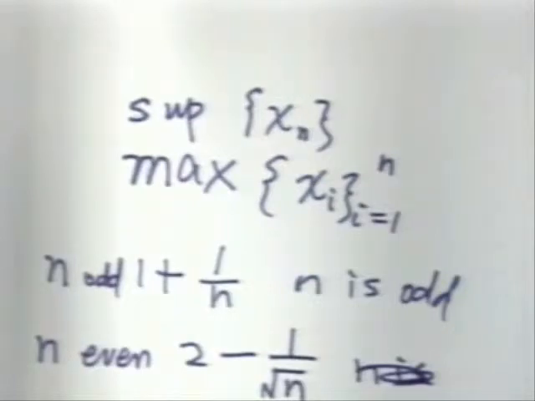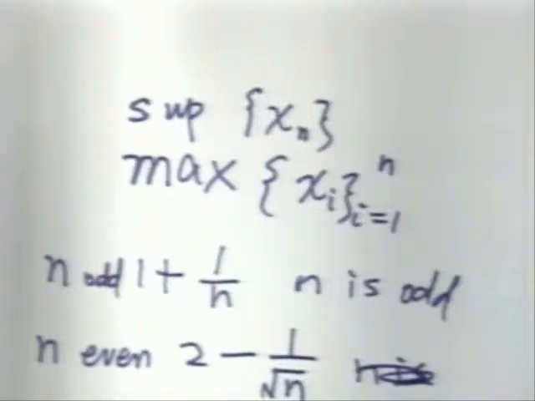No. Okay, because for the sequence where n is odd, I know the limit will be 1. For the sequence when n takes even numbers, the limit is 2. They are different. Can I find the maximum value, which is 2? Okay, but that's also in the limit, it's 2, right?